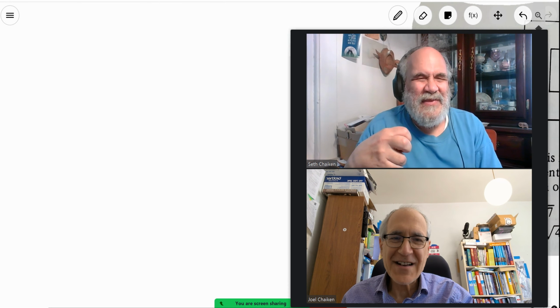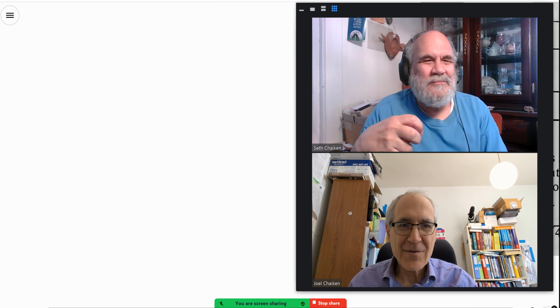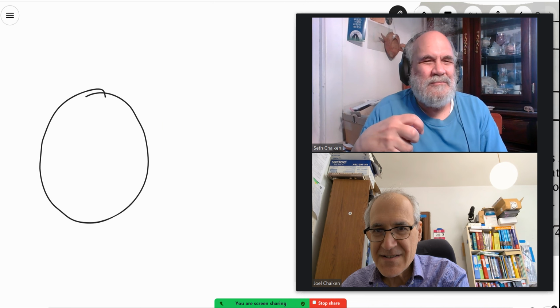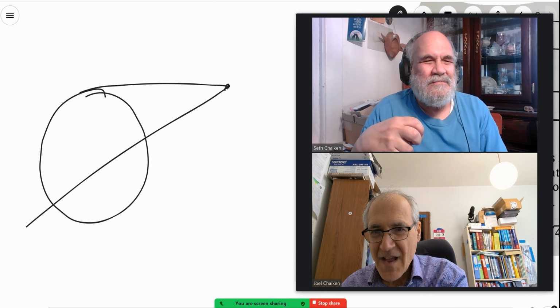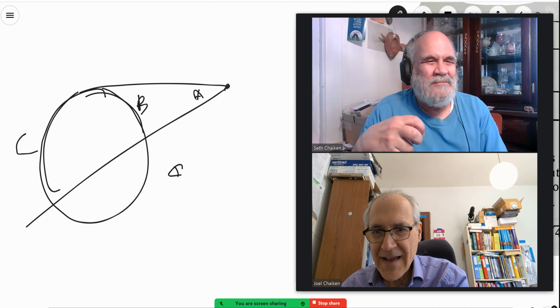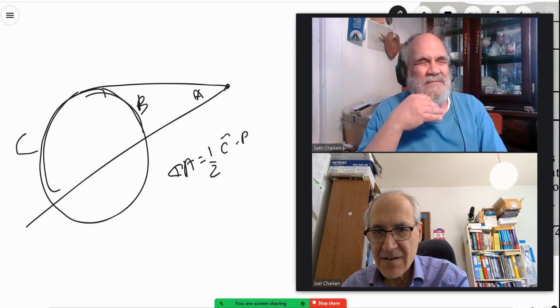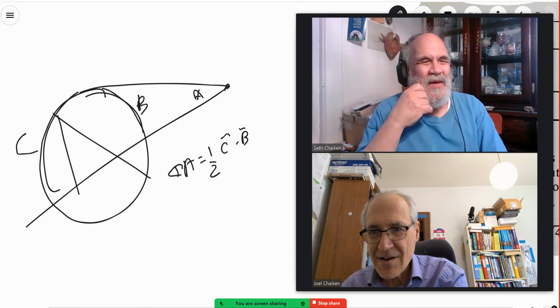Like, for example, here's a classic circle theorem. This would be like in a big circle problem. You have a circle, and you have a tangent and a secant. So this is angle A, this is arc B, and this is arc C. So angle A is 1/2 of arc C minus arc B. But then you have all this other stuff, and then you have this thing going in, right?